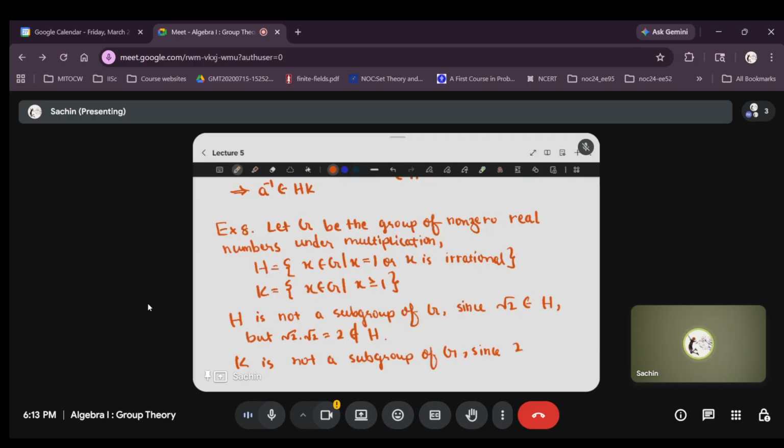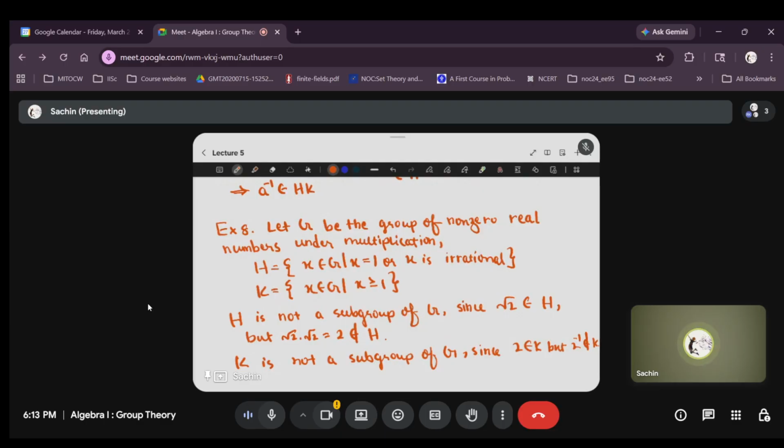So 2 belongs to K, but 2 inverse does not belong to K. Or if you take 3 by 2, which is 1.5, which is greater than or equal to 1, its inverse is 2 by 3, which is 0.666, which is less than 1.